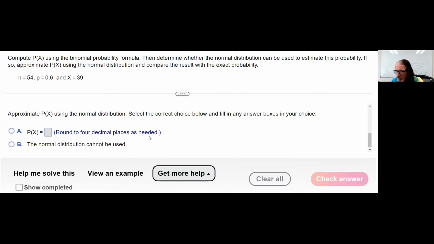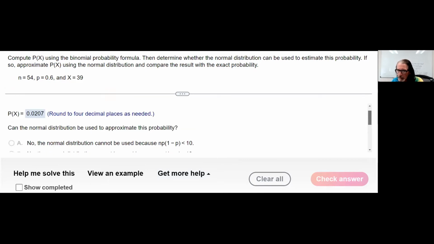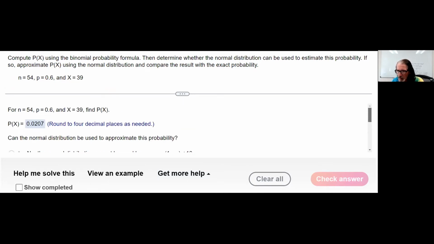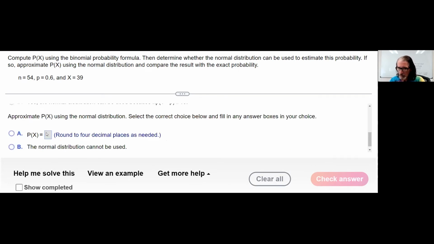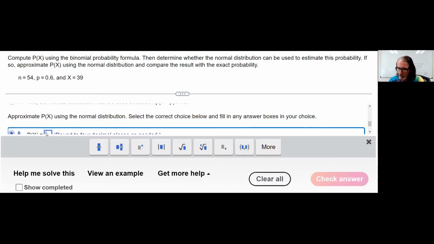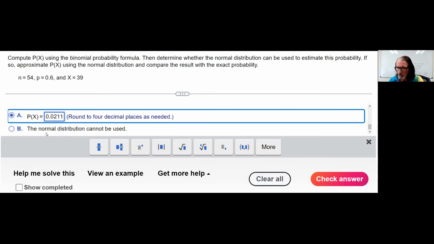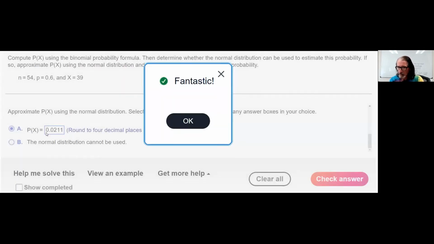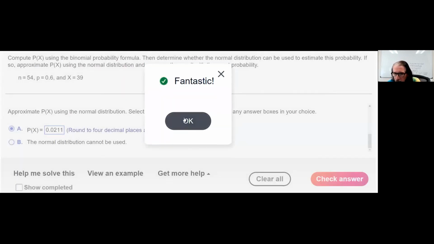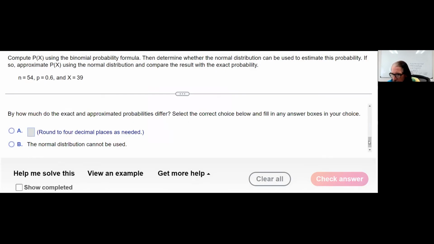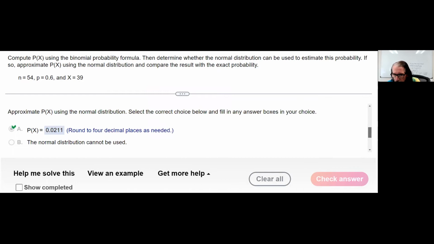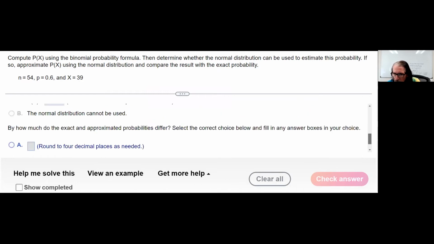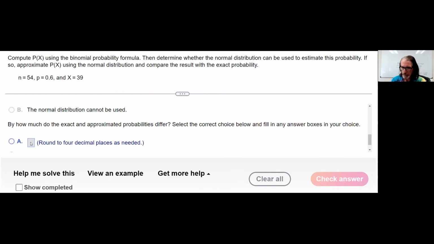Let's see what's going on here. It's kind of close to what we came up with exactly. And the previous answer was 0.0207. So this is 4 10,000ths away.